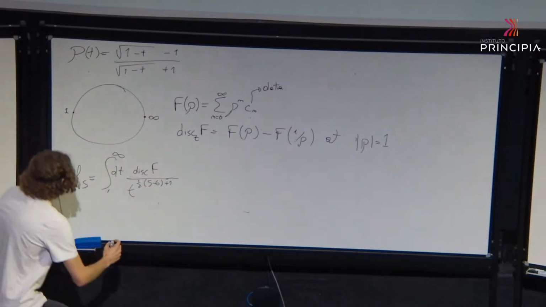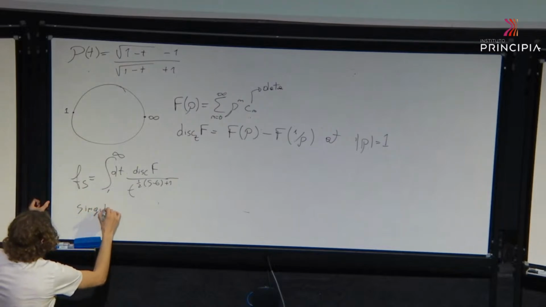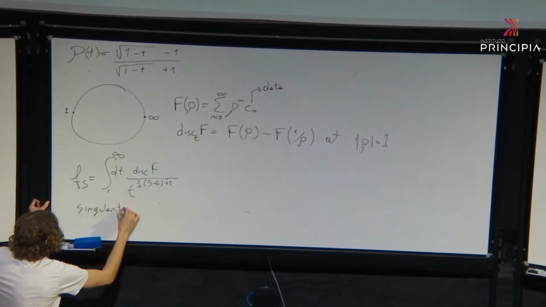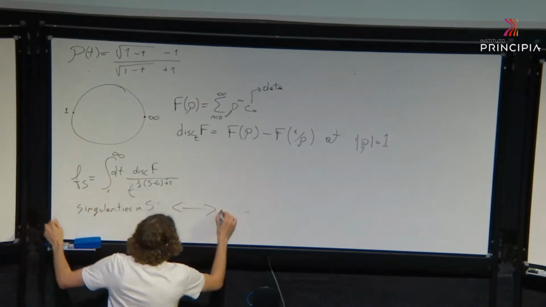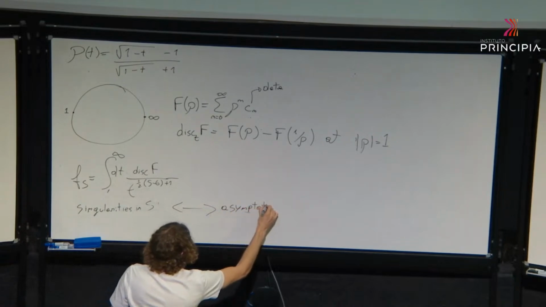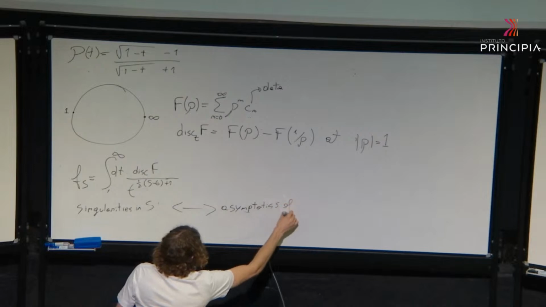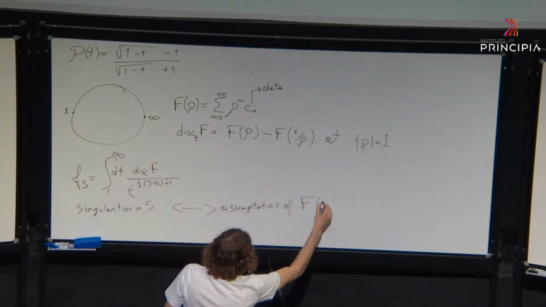So what we are learning is that we can trade the analysis of singularities in S by asymptotics of the discontinuity of big F.